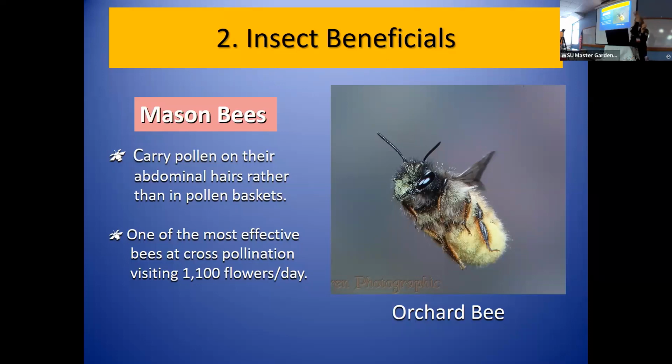Now the mason bee takes off again and flies over to the next flower, plops down on it. Some of the pollen from the previous flower now gets deposited on this new flower. The mason bee is incredibly good at pollination as well as cross-pollination. It's estimated that they can visit 1,100 flowers in a day. Busy as a bee.